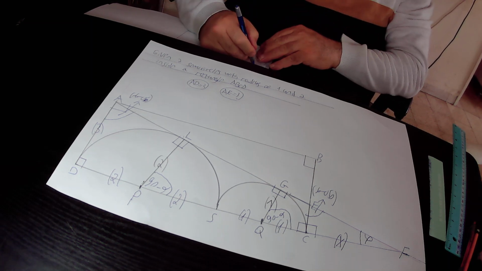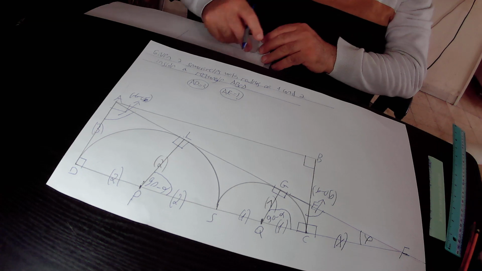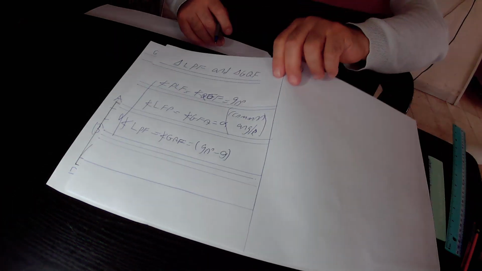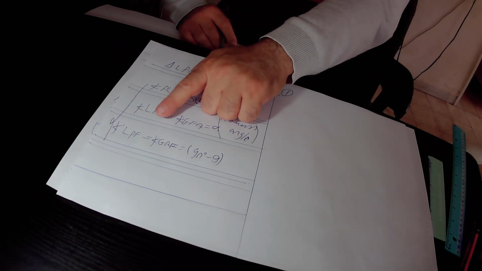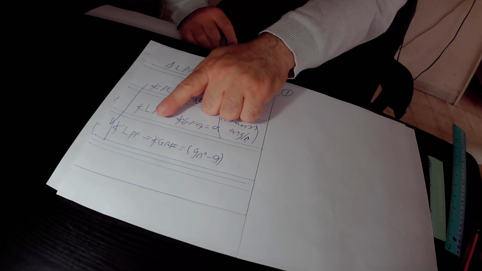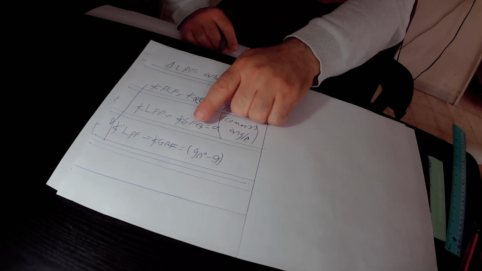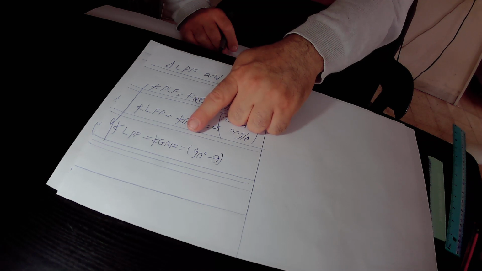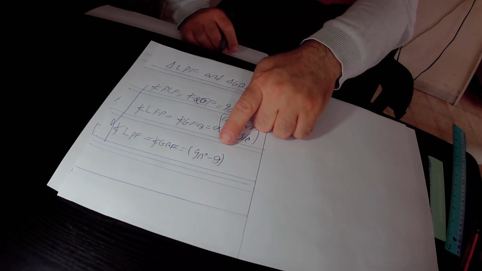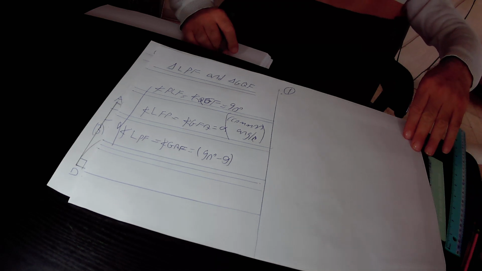If we follow it again, angle LPF in the big right triangle PLF equals angle GQF in the small right triangle FGQ. They are both equal to 90 degrees minus alpha, and therefore they are equal to each other.